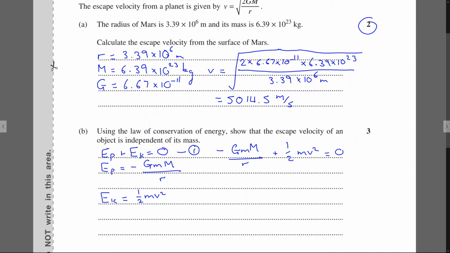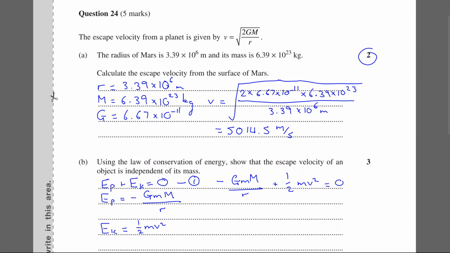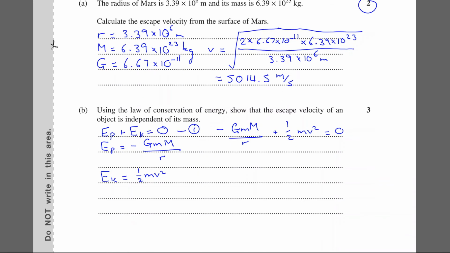Cool. So the thing I want to solve for here is v, because to get this equation for escape velocity, I need v on one side of the equation and everything else on the other side. So the only v in this equation is the one here. So the first thing I'm going to do is bring the term for gravitational potential energy over to the other side of the equation. Because it's a negative on that side, I'm going to add that on both sides, or it becomes a positive when it goes to the other side.